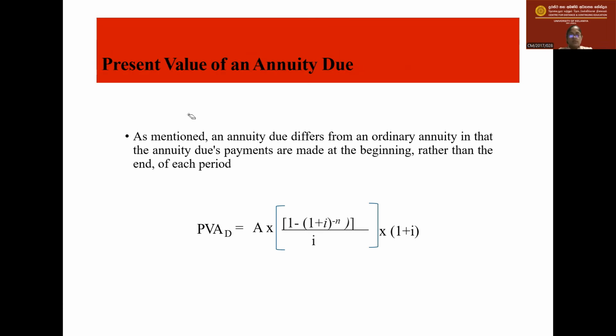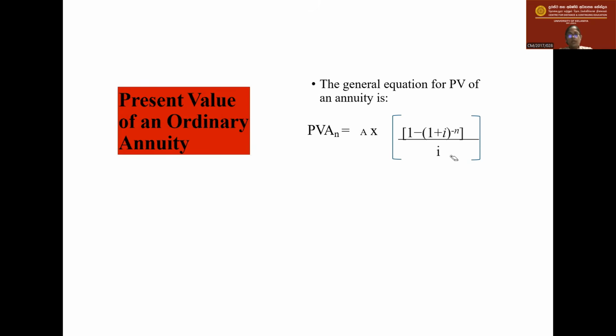Okay. Present value of an ordinary annuity. If you can remember the present value of an ordinary annuity, the order has been rearranged again, right? 1 minus 1 plus I to the power of negative n.